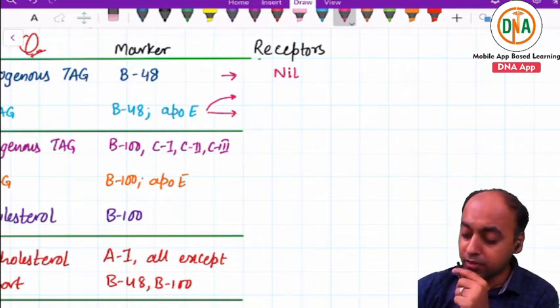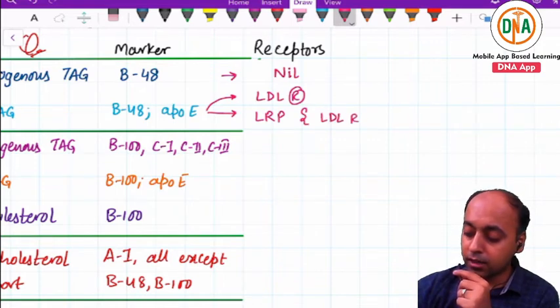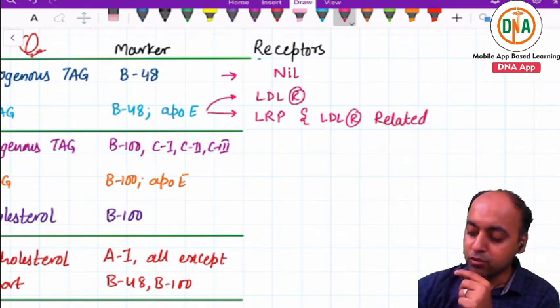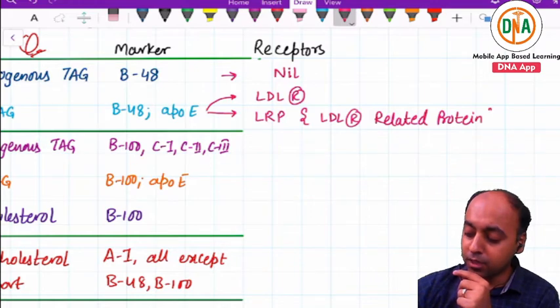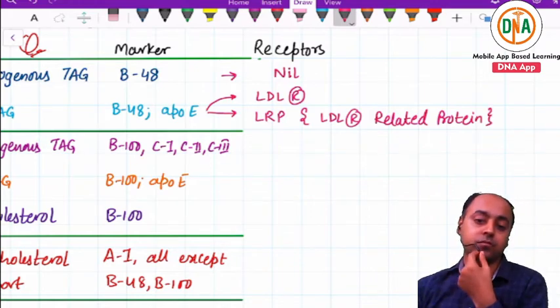It is identified by the LDL receptor and it is identified by LRP. LRP stands for LDL receptor related protein. So it is a protein similar to the LDL receptor performing a similar function. Alright.